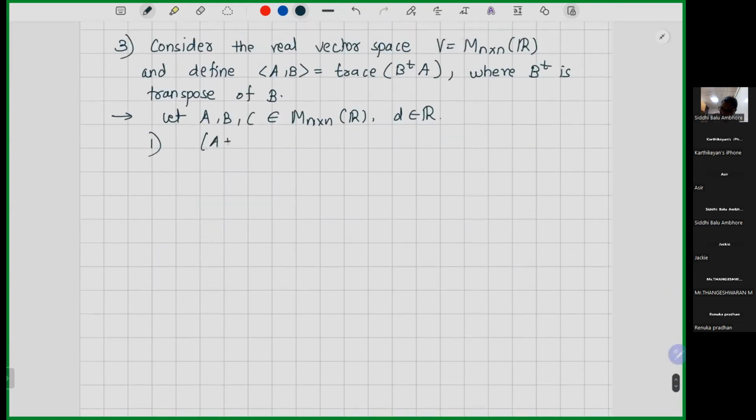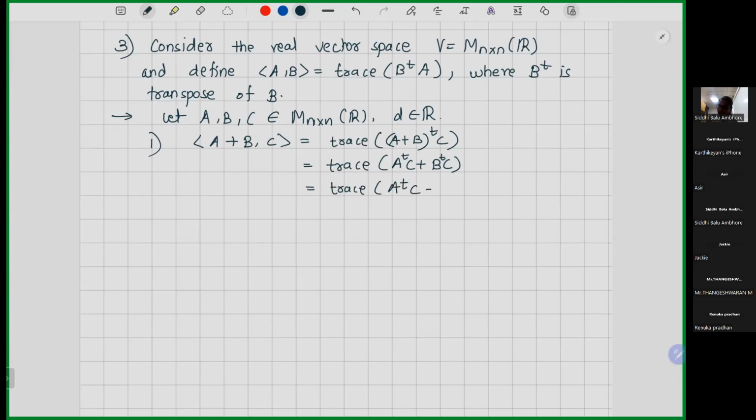So if we evaluate this map on A plus B comma C, then it becomes the trace of C transpose into A plus B, by definition. Sorry, I made a mistake earlier; it is C transpose (A plus B).